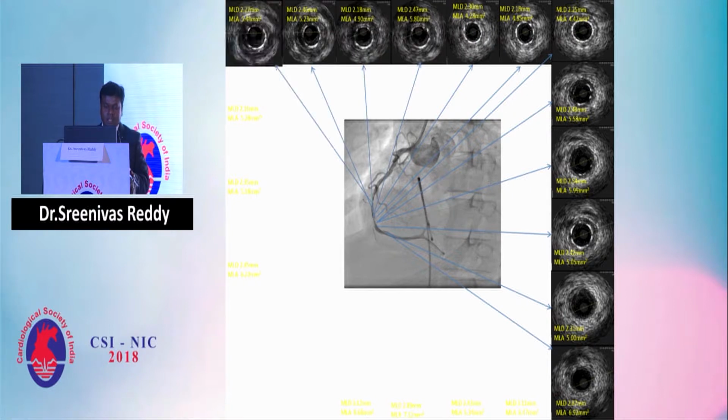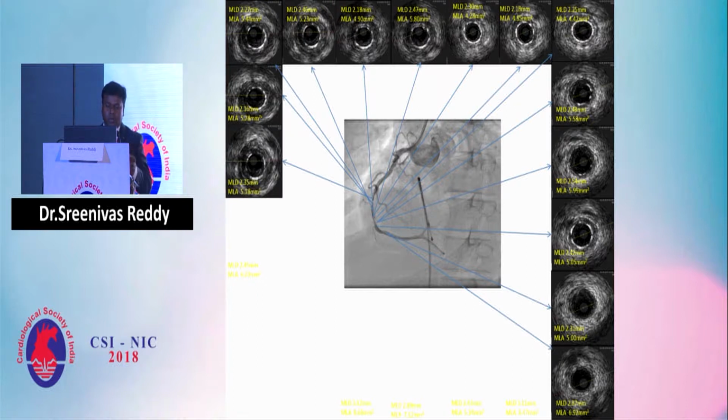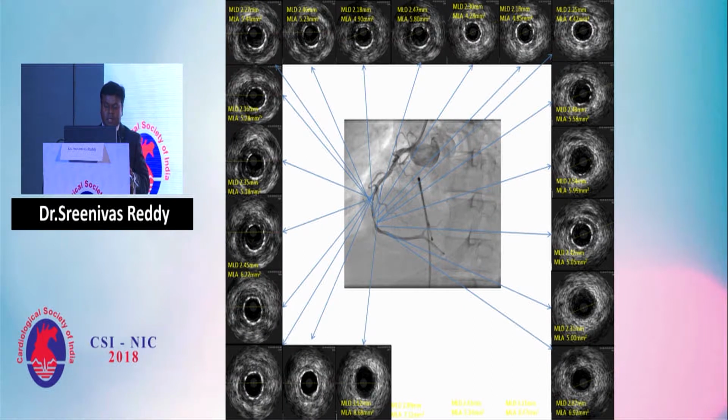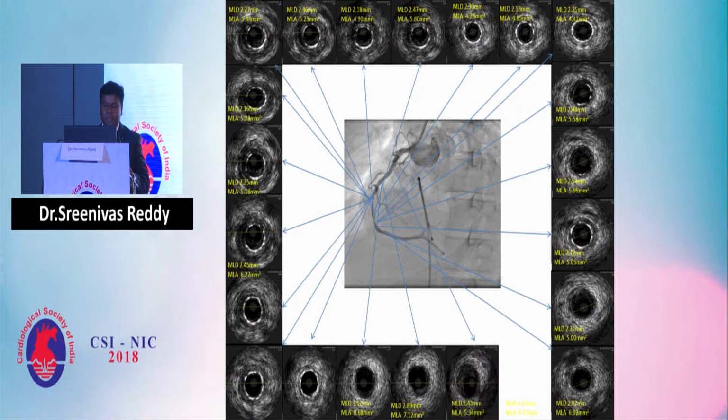Here you can see there is a soft plaque in this region, and probably there is a rupture of this plaque. So this is a plaque rupture, probably neoatherosclerosis, which developed after 5 years. So this helps in understanding the pattern of stent failure in the long term. Neoatherosclerosis can be detected by imaging.